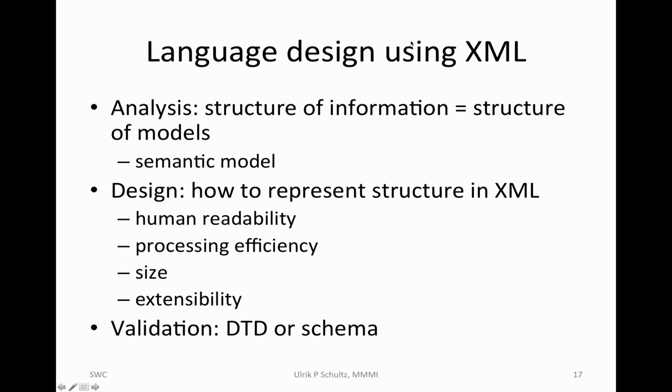So sometimes we might want to deviate a bit, but here we're caught in having the same representation for both what the human uses and what the model is. The concept of a model-to-model transformation that I'll talk about later might come in here. So we might start with one model that is convenient for the human to write and then transform it to a different model that is convenient for the processor to use. So we might work with multiple models that we transform between.